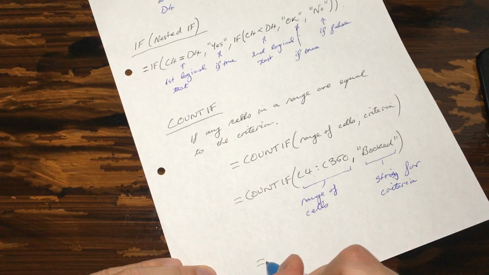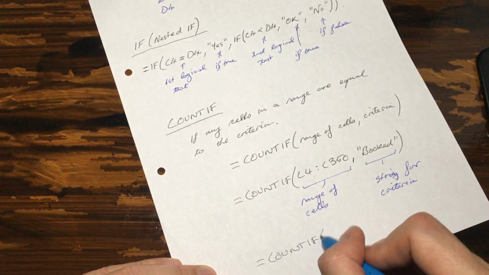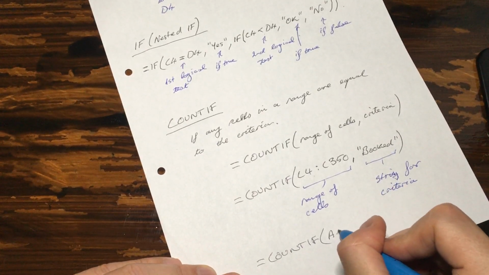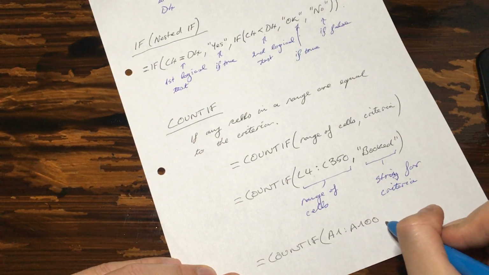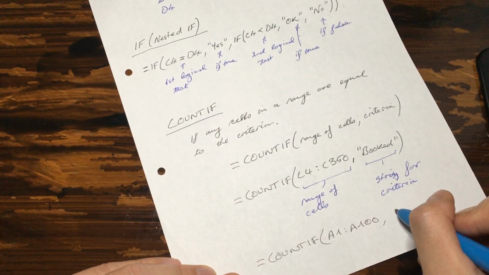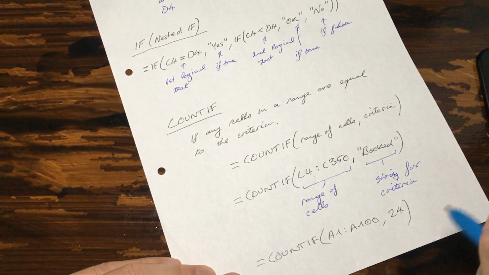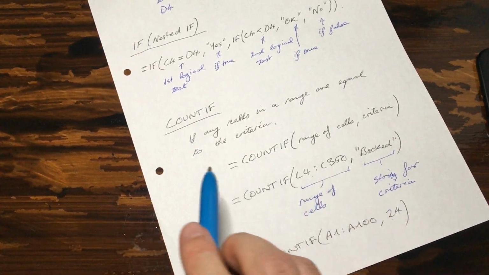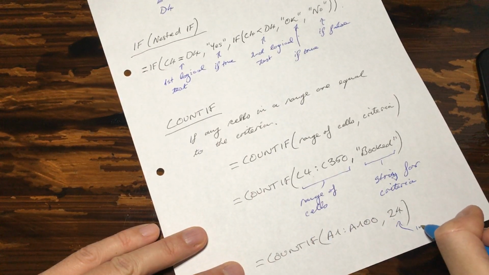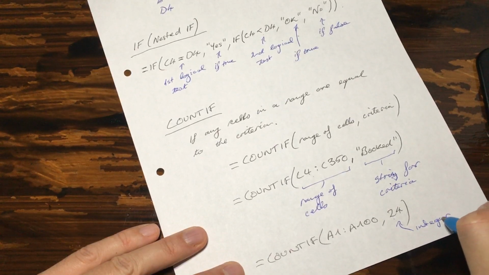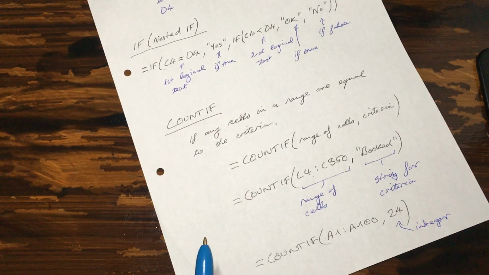We could do COUNTIF, and we can say things like A1 to A100 and check if any of those contain the number 24, as an example. You can see there's no quotes around that, so that is an integer. And you can basically do that with lots and lots of different things.